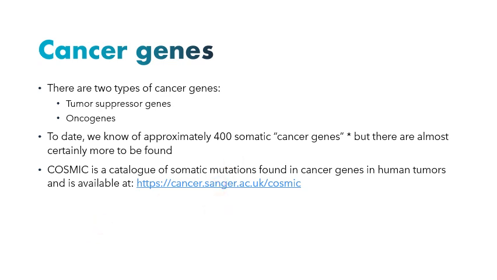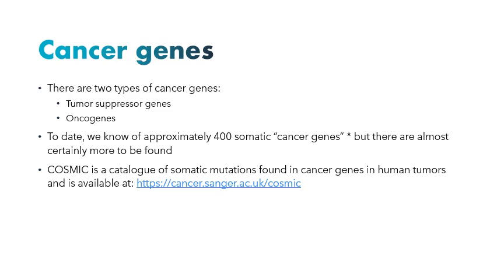Just click on this link and it will take you to the catalog, where you define the tissue, the type of the cancer, and it will give you all the information you need about that cancer, the genes involved, and the frequency of having this gene involved in this cancer. It might be, let's say, 5% of the cases that have a defect in certain genes related to this cancer, and so on.